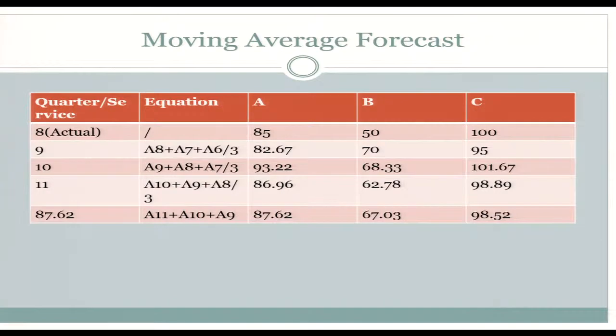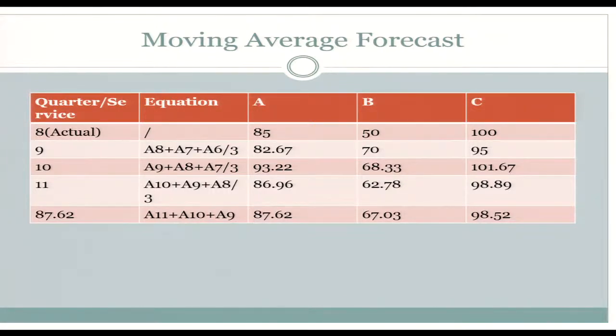The next is moving average, and we need to make the next 4 quarters forecast for 3 different services. So the quarter 8 is the actual, which is the foundation for the next 4 forecast data.